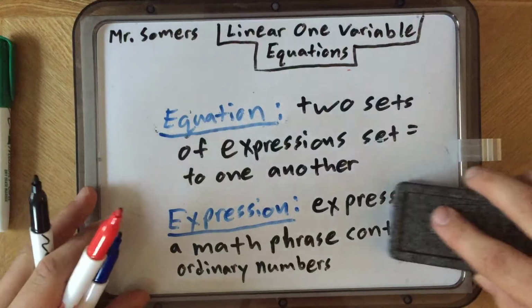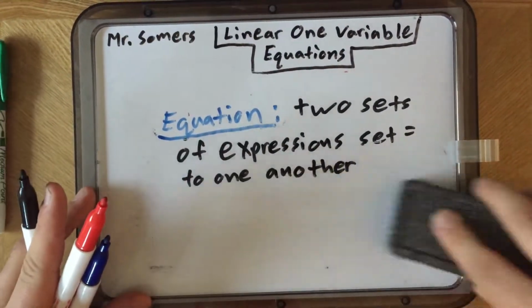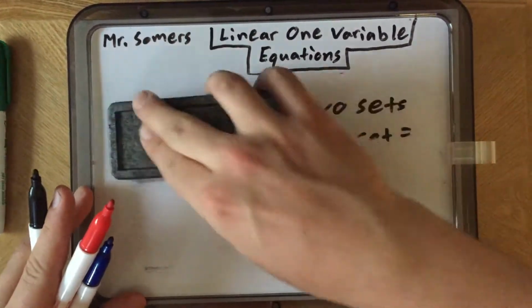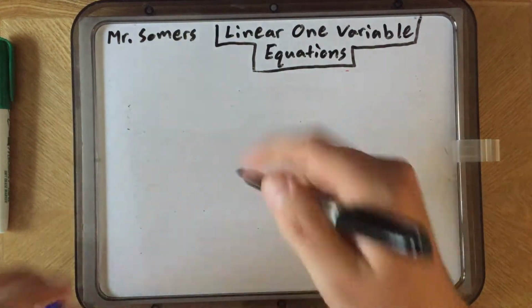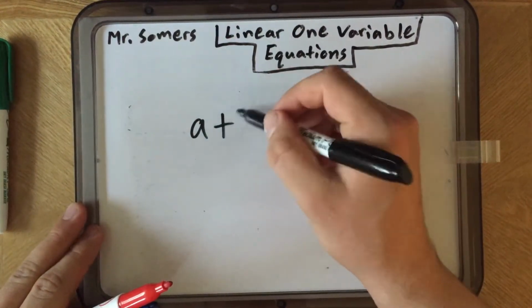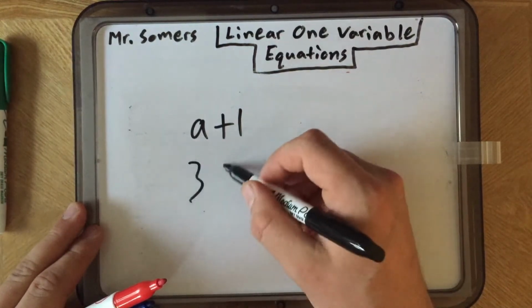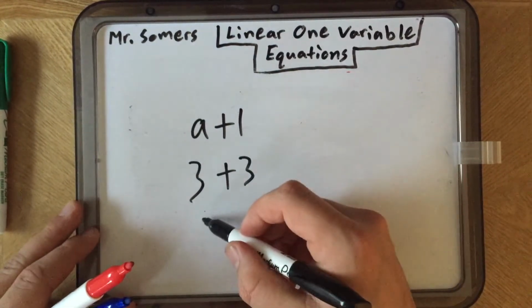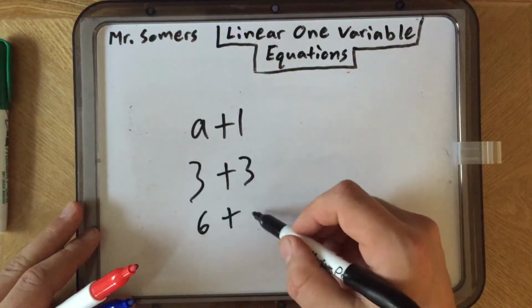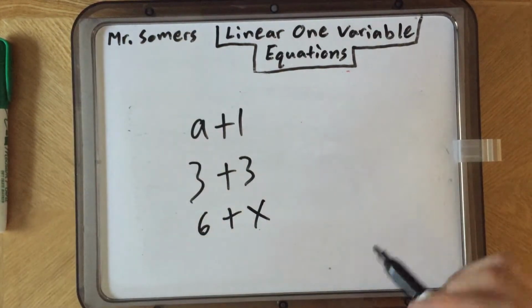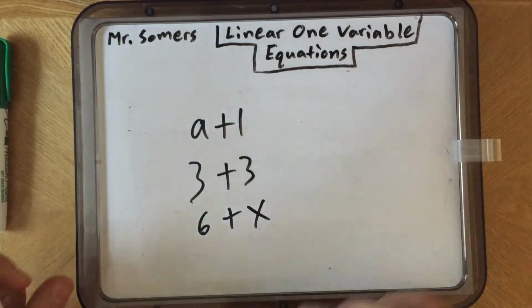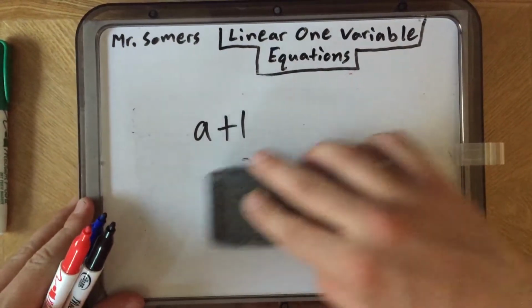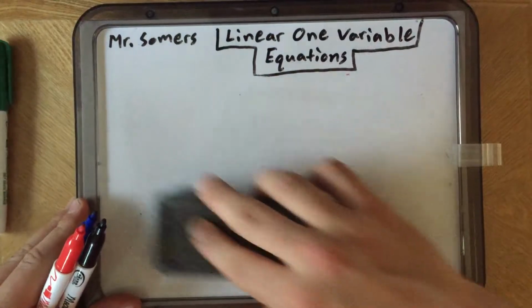So an expression could be anything such as a plus 1, 3 plus 3, 6 plus x, whatever. And then if you set any of these equal to one another, it makes an equation. Now you'd have to check to make sure the equation's actually accurate, but we'll get to that.